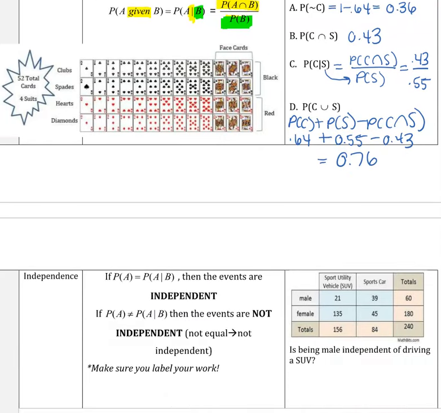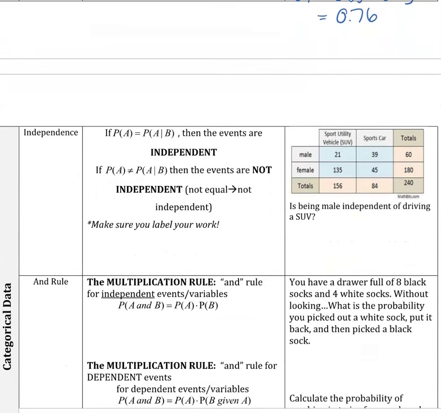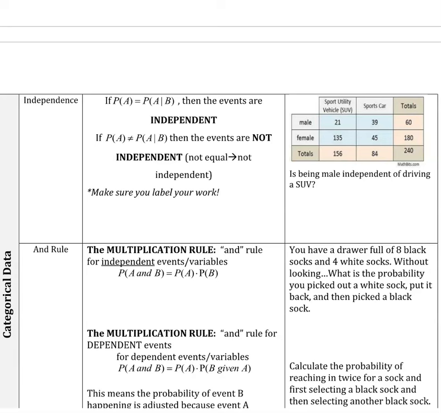All right, moving on to the next page, independence. This is always asked on the Regents, so I'm going to put a nice little star here. Hopefully this doesn't make me a liar, but I'm pretty certain it's always on the exam, like 99% certain.